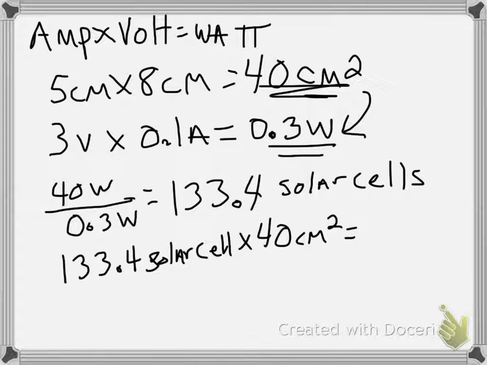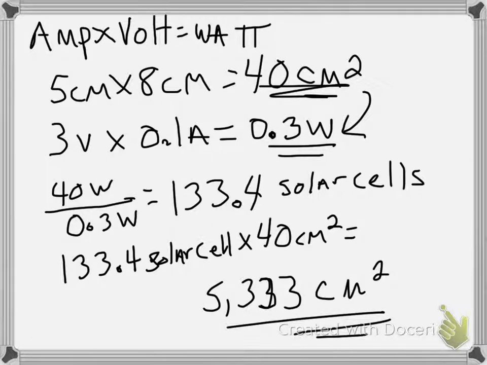When I multiply those, I get 5,333 centimeters squared. So this would be the area I'd need: 5,333 centimeters squared of space to put all 133.4 solar cells to make my 40 watts of power. So that's how we do question 18.